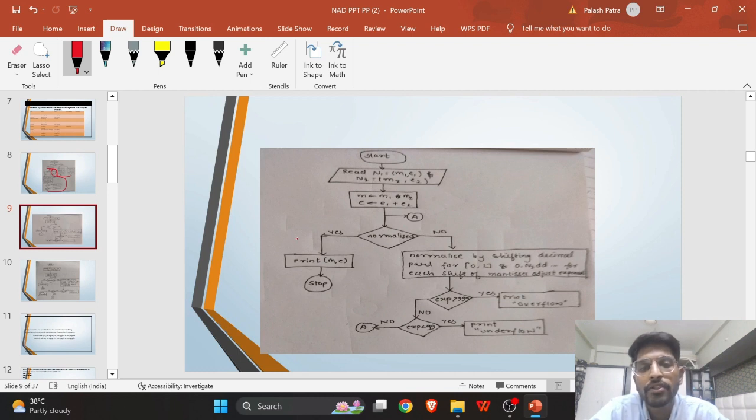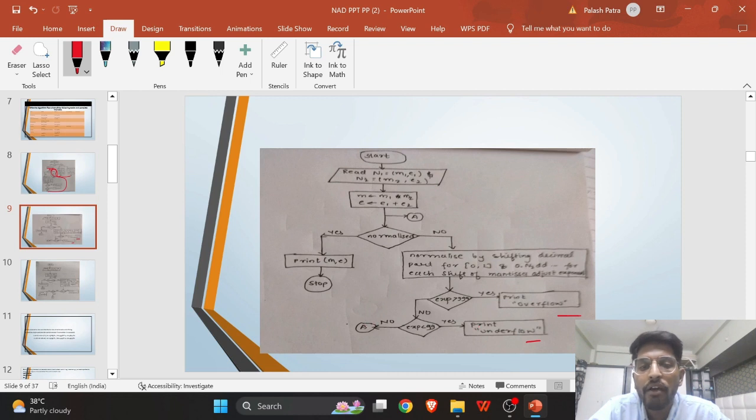If the condition is normalized, we simply print the m comma e part and stop with the result. And if the condition is not normalized, we normalize it and check for the overflow and underflow conditions. If the exponent is greater than 999, then we print the overflow condition, and if it is less than 99, then we print the underflow condition.